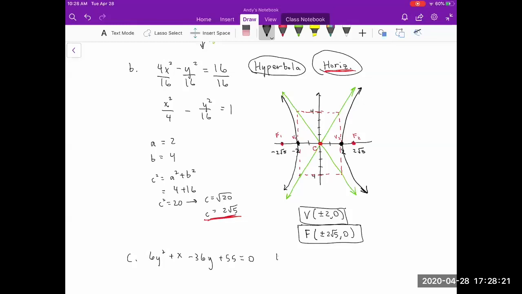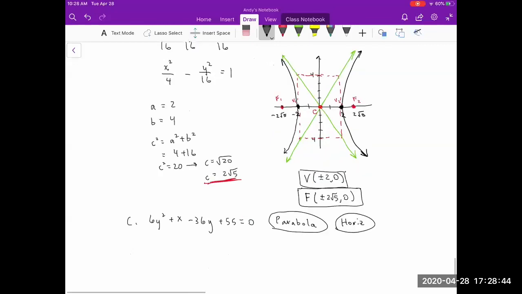So now this is certainly a parabola because only one of them is squared. And since y is squared and not x, it is a horizontal parabola. Remember that vertical parabolas are what we're used to, which is y equals a quadratic in x, not a quadratic in y. So kind of keep that in mind.